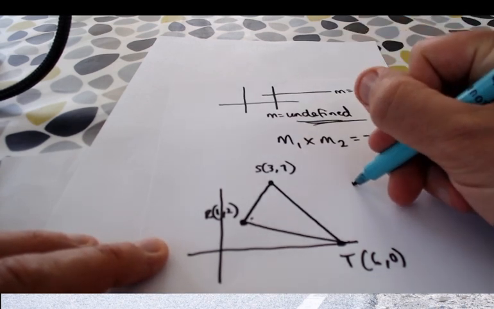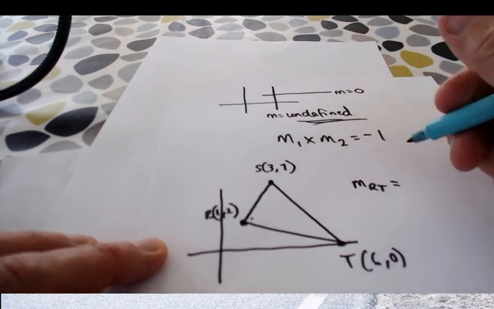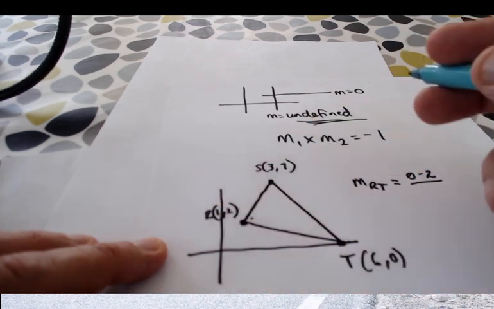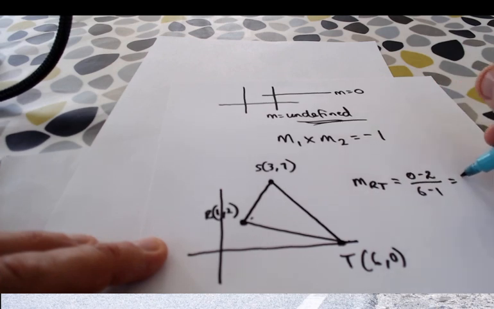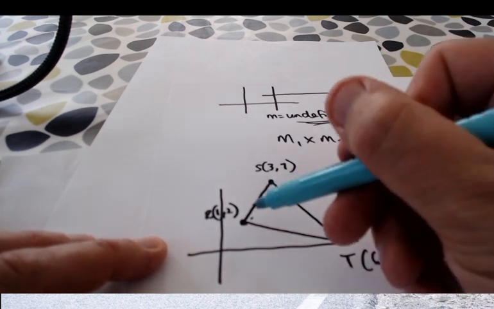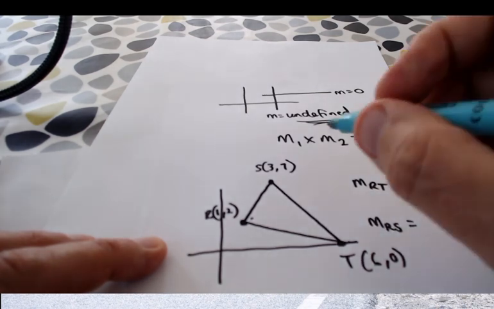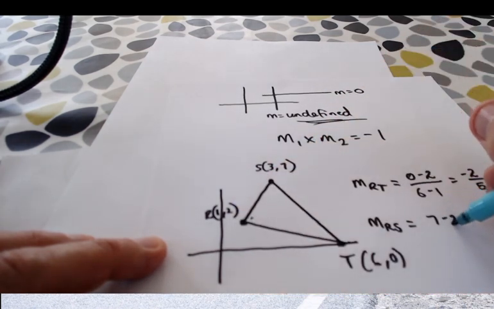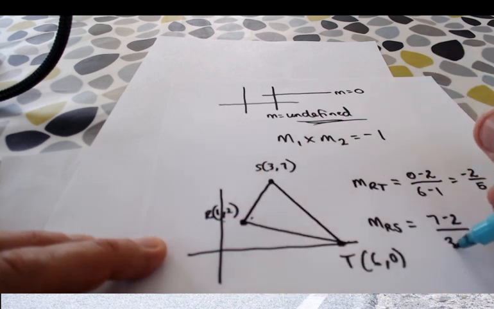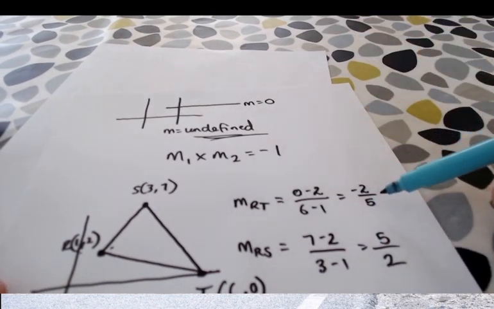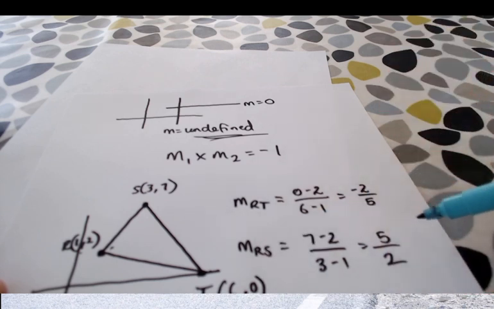So I'm going to work out the gradient of RT. So 0 take away 2, 6 take away 1. So that's going to give me minus 2 over 5. I am then going to work out the gradient of that line there, so that's RS. That's going to be 7 take away 2, 3 take away 1, which is 5 over 2. Okay. So the gradient of RT is minus 2 over 5. The gradient of RS is 5 over 2.